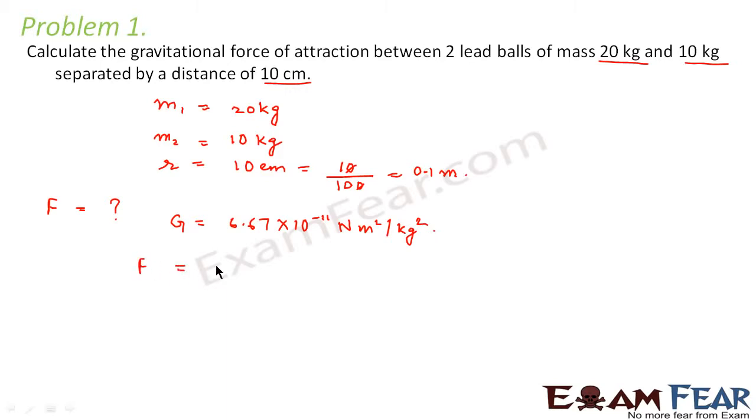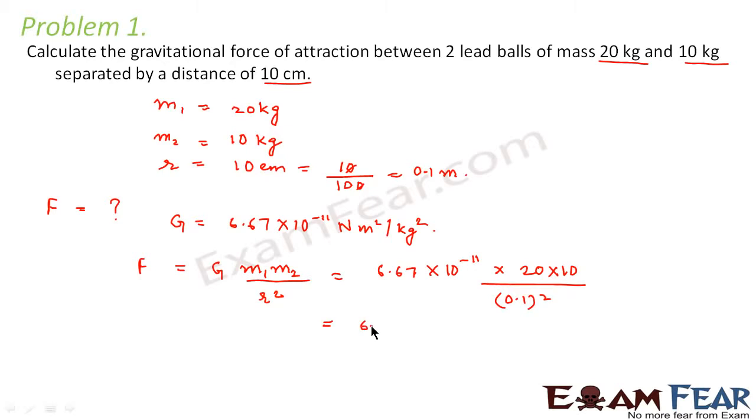Applying the universal law of gravitation, F is equal to G m1 m2 by r square. So we just put down the values: 6.67 into 10 to the power minus 11 into 20 into 10, divided by 0.1 whole square.